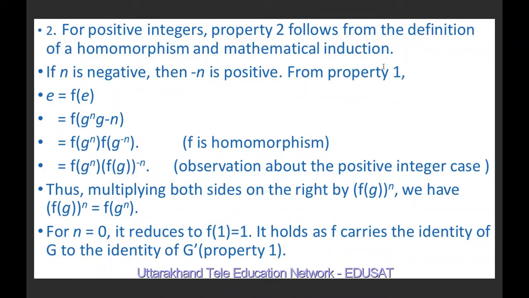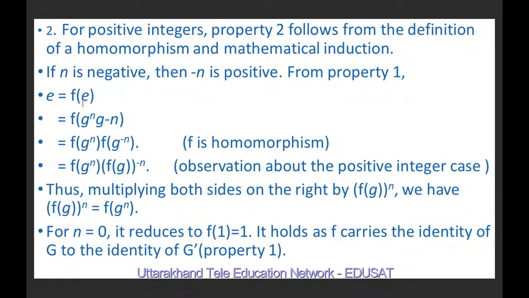It is easy to prove. If n is negative, then minus n is positive. So from property 1, we know that e dash is equal to f of e, because f carries the identity element of G to the identity element of G dash.